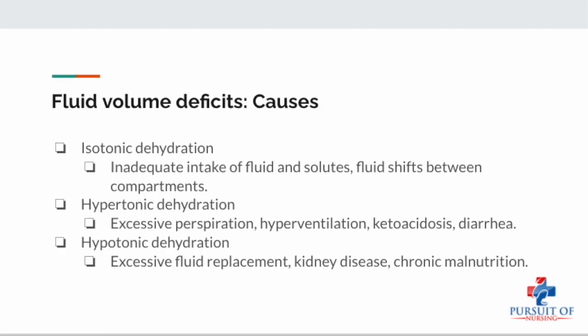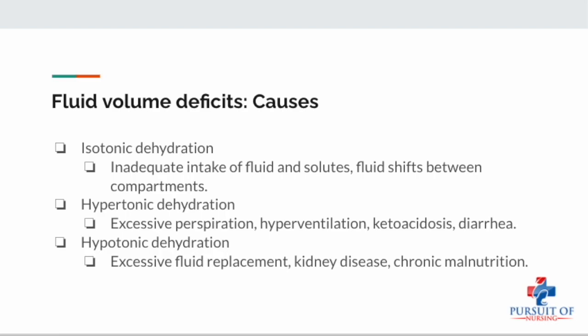Also, there can be fluid shifts between compartments within the body that can lead to isotonic dehydration. Hypertonic dehydration is when your water loss exceeds your electrolyte loss. So there is a higher concentration of electrolytes. This occurs with things like excessive sweating, hyperventilation, ketoacidosis, diarrhea. So remember, in hypertonic dehydration, your water loss exceeds your electrolyte loss. In hypotonic dehydration, it's the opposite.